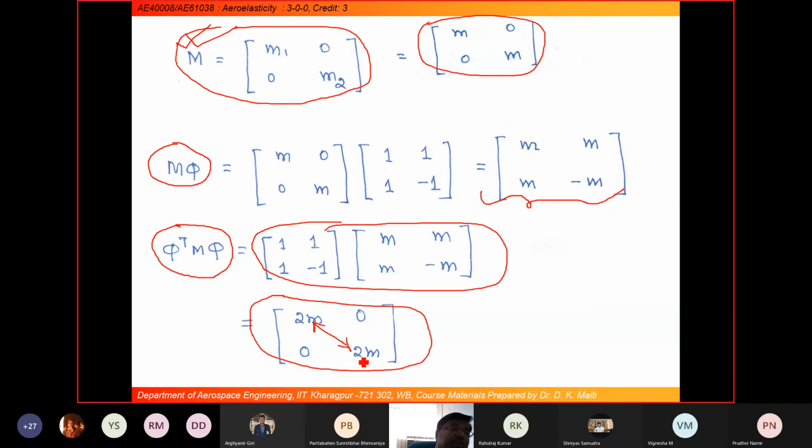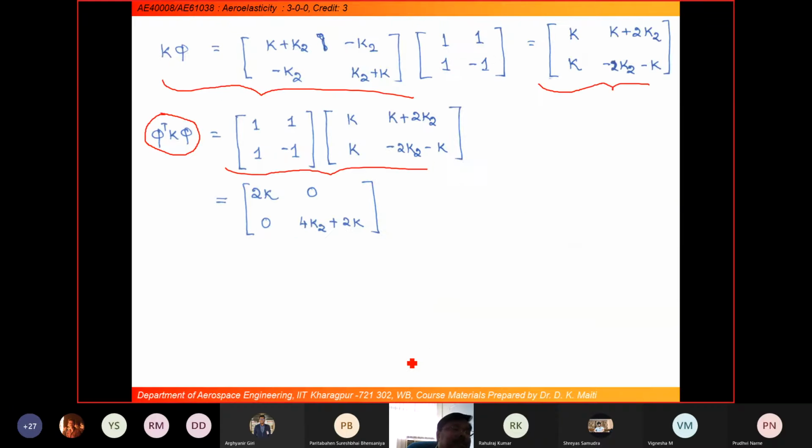That's what we call the consistent mass approach, where off-diagonal terms exist. But after this modal transformation, phi transpose m phi, the off-diagonal terms become 0, and that is the concept of modal transformation.